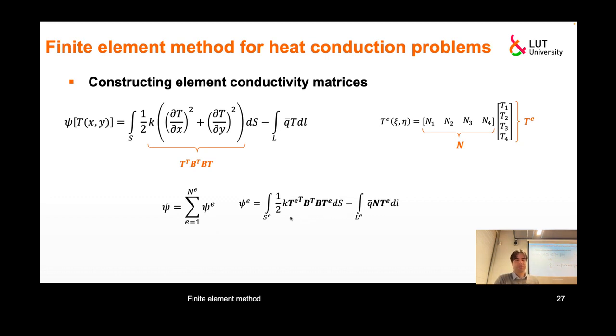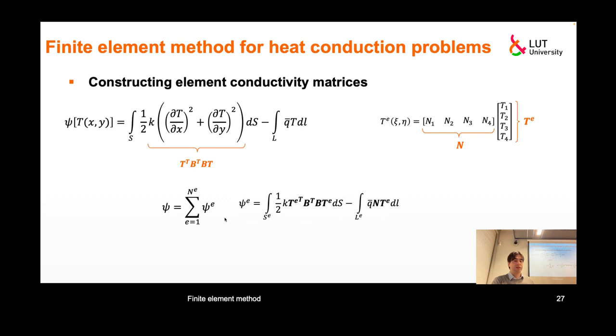Okay, so I substitute that here, and I have this equation. What about this right term here, this term including boundary conditions? I just substitute my interpolation here. Instead of temperature at some arbitrary point, I substitute this interpolation: the matrix of my shape functions times the column of unknown nodal values.